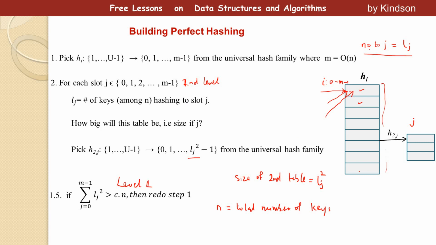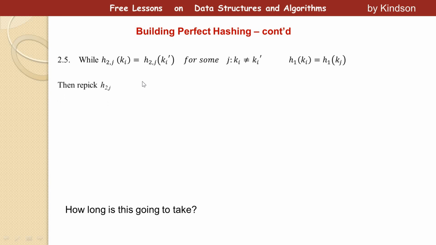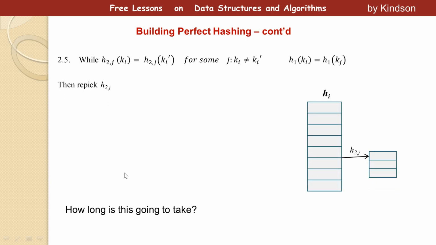Okay, so in level 2, what if collision occurs in the second table? So what do we do? We go to the next one. So let me display the table so that we can see well.